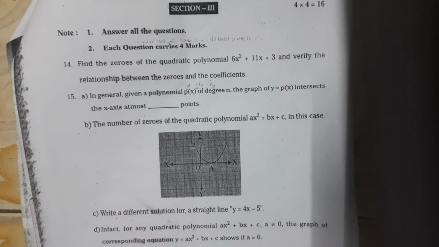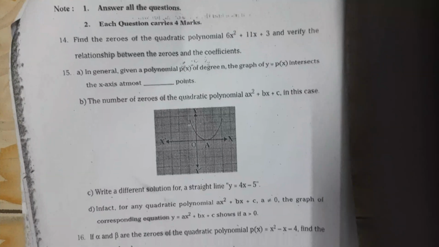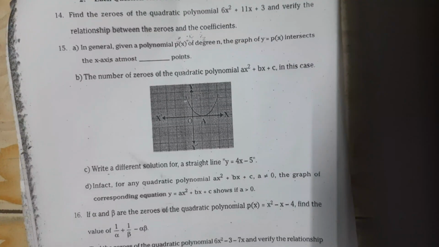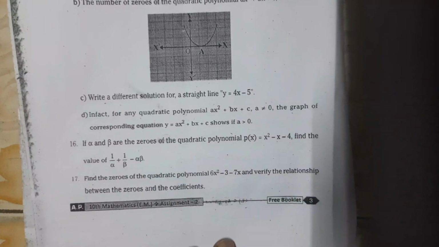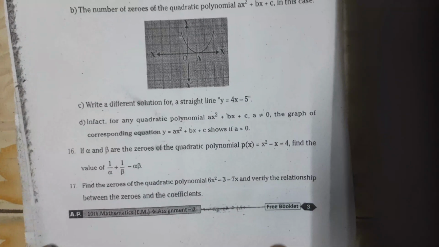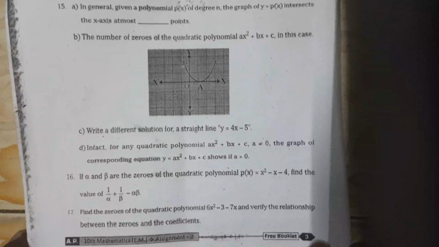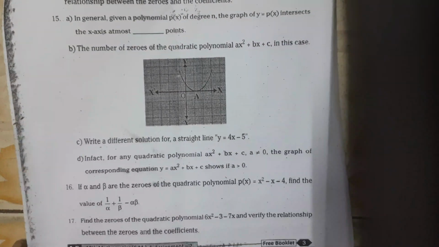Observe that, very important. This is the next, 15th question, graph oriented. I am showing the paper, and the 16th question is given. See, the 15th you have already observed.